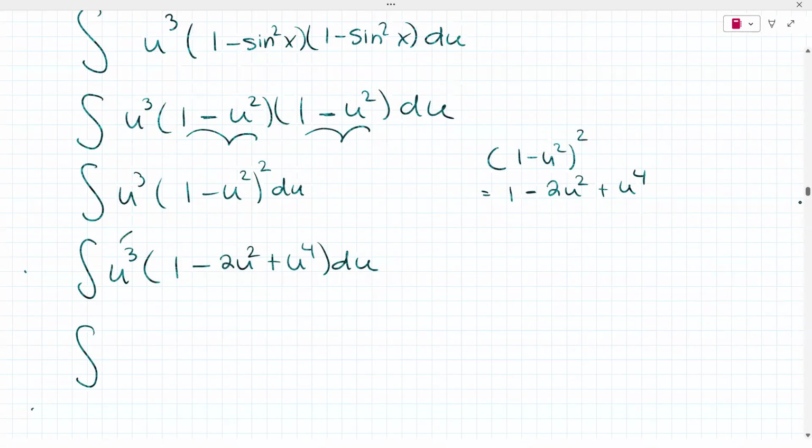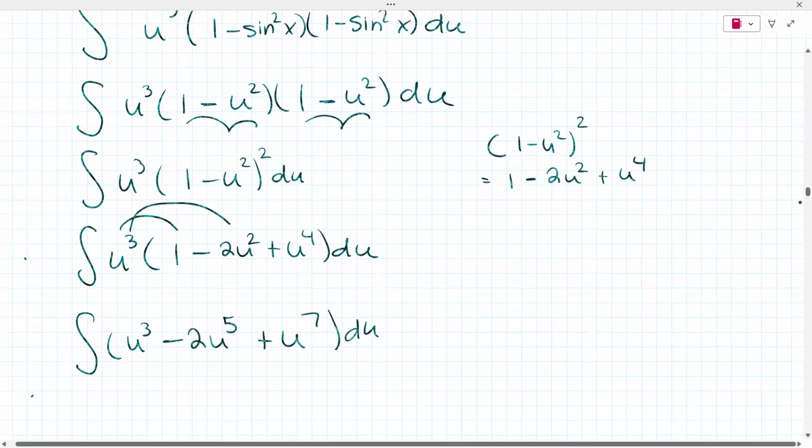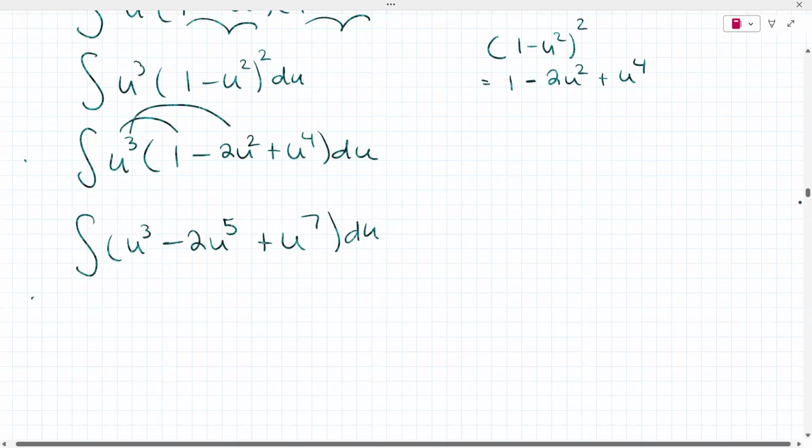Now distribute this u cubed, so this is going to be u cubed minus 2u to the fifth, since u cubed times u squared is u to the fifth, plus u to the seventh du. And then go ahead and just take the integral of each term.